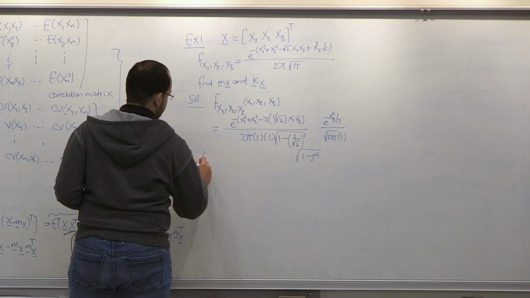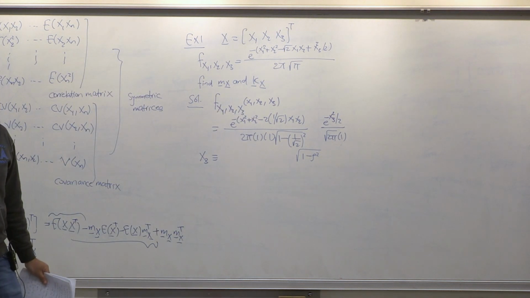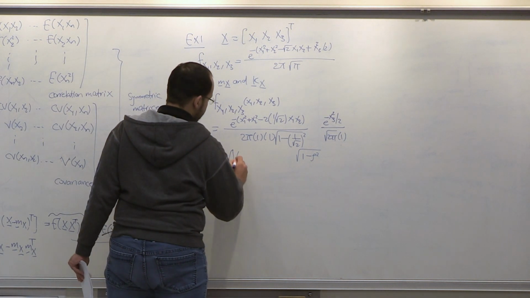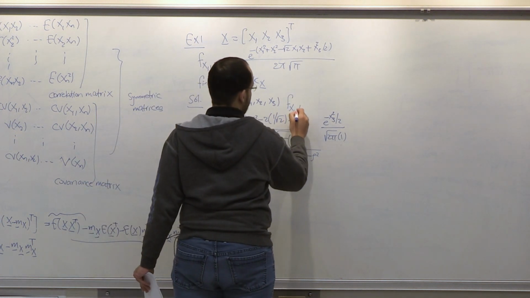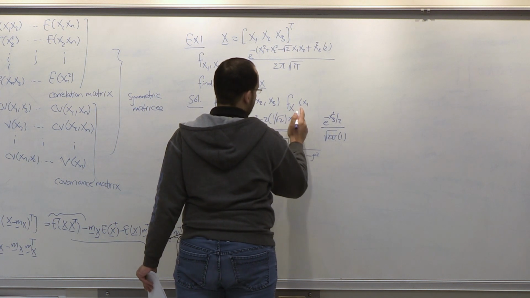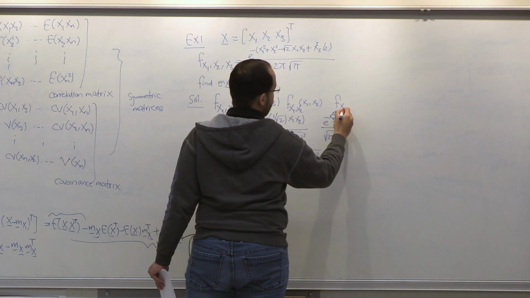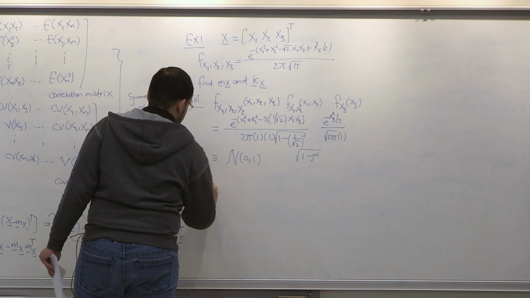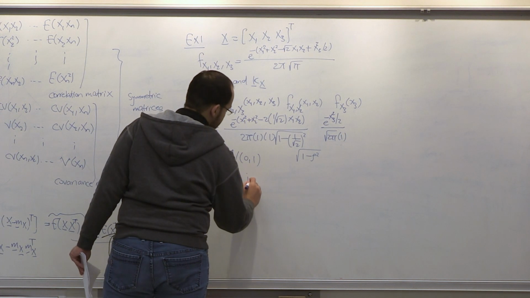Now, what can we say about x3 immediately from here? It is Gaussian 0, 1, exactly, normal distribution 0, 1. We can write this as f of x1 and x2, of x1 and x2, times f of x3 of x3. How about x1 and x2? Jointly Gaussians.